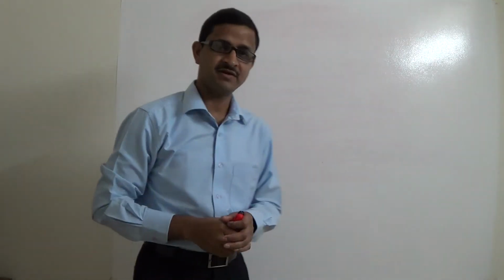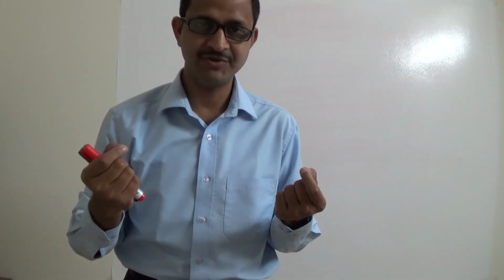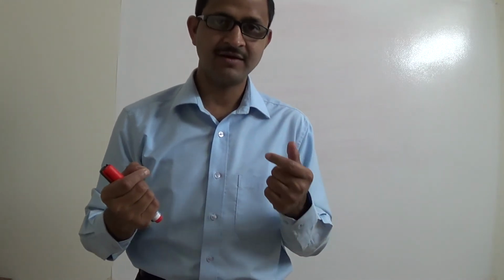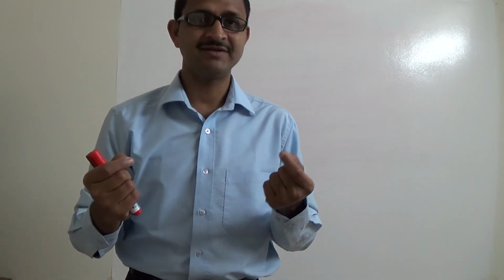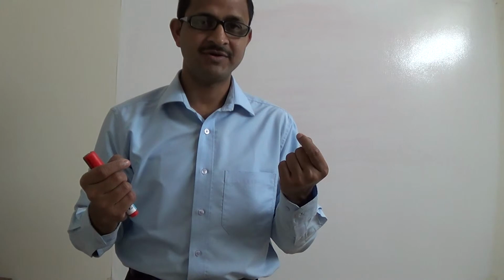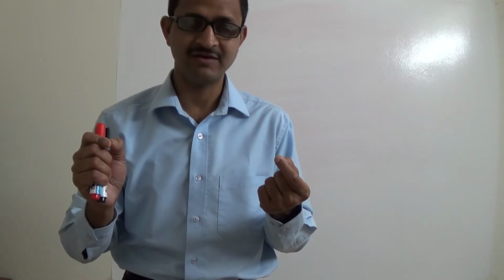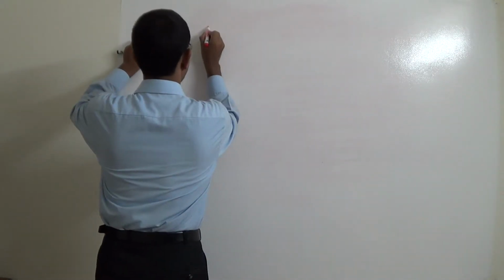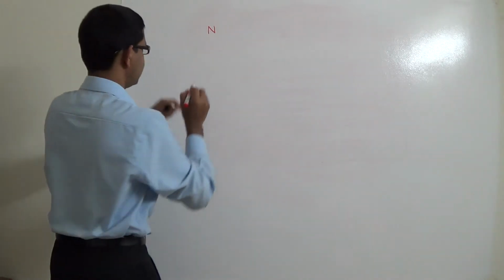The first example is that let us take the set N, which is the set of all natural numbers, and a relation rho defined on N such that (x, y) belongs to rho if and only if x minus y is divisible by 5. So I have a set N, the set of all natural numbers.